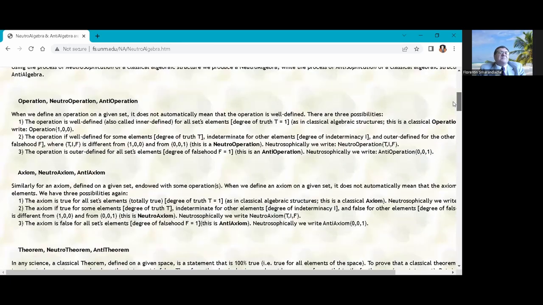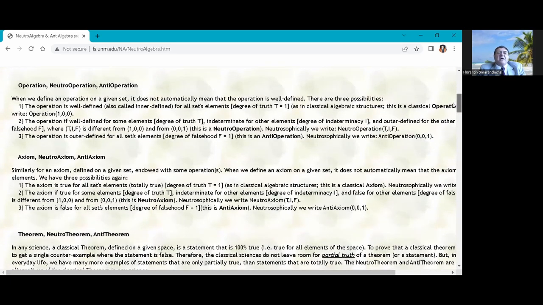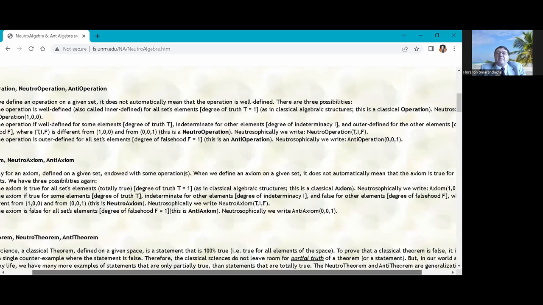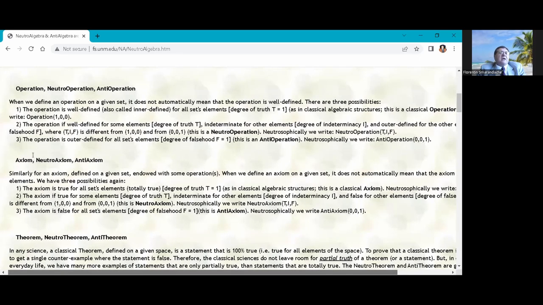So that's why I observed that, for example, if we consider an ordinary set and define an operation on that set, it does not automatically mean that the operation is 100% true. The operation may be 100% true. We call it inner defined, as done in classical algebraic structures, and we consider these operations to be Neutrosophic.